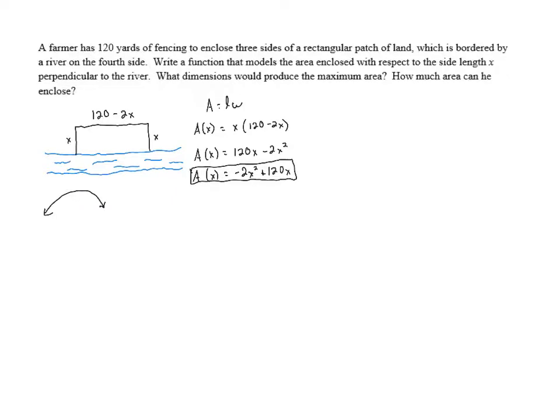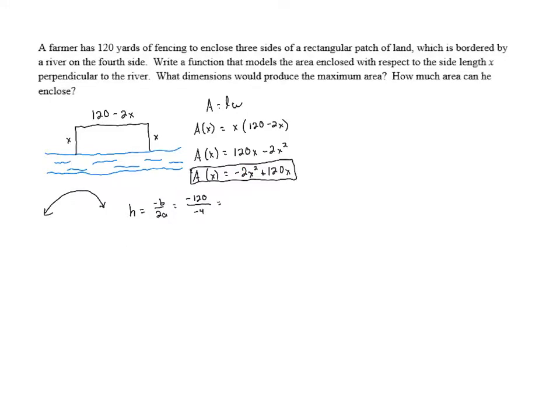So let's go ahead and do this. So the x-coordinate of the vertex, which we usually label with h, we know that we can find that by taking the opposite of b over 2a. In this case, b is 120, so the opposite of that is negative 120 over 2a. Well, if a is negative 2, then 2 times negative 2 is negative 4.